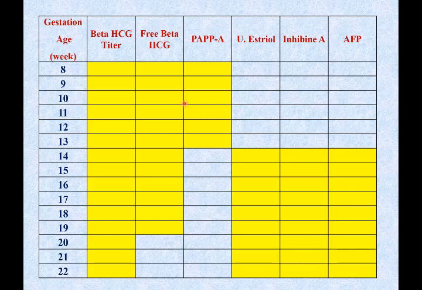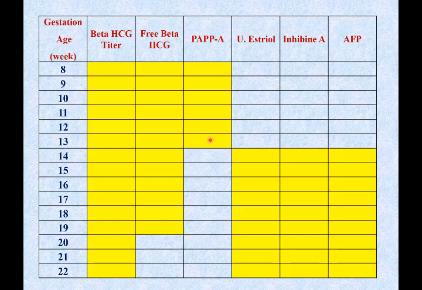Here in this slide, it tells you what gestational age each different biochemical marker can be measured for: beta HCG, free beta HCG, PAPP-A, unconjugated estriol, inhibin A, and alpha fetoprotein. It gives you the exact gestational age that can be measured. So past 13 weeks and 3 or 5 days, you cannot measure PAPP-A.